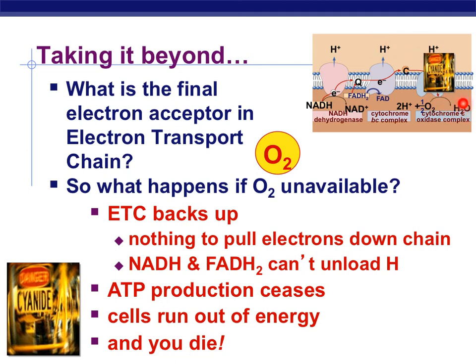We won't be able to produce the water here, and so the lack of oxygen really backs this up like a backed up sink in your house. Therefore, the cells are going to run out of ATP, they're going to run out of energy, and without the constant supply of oxygen, the cells are going to die.